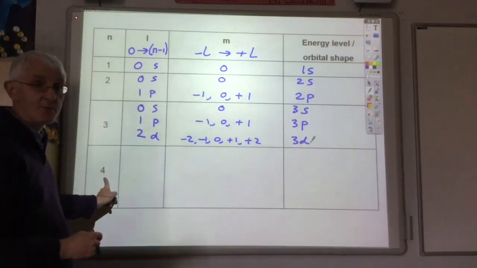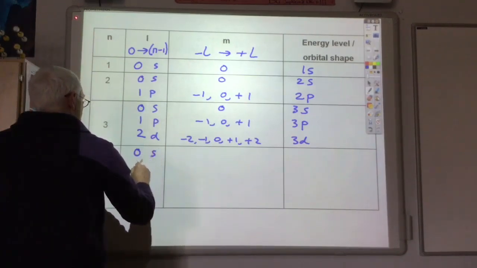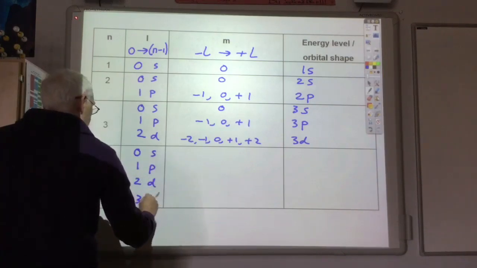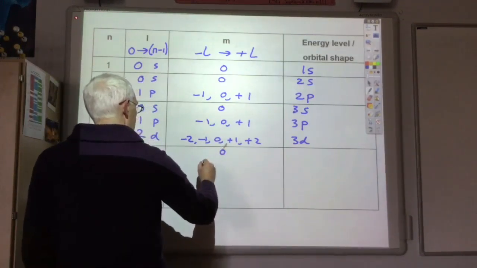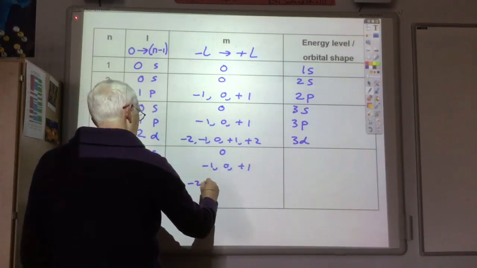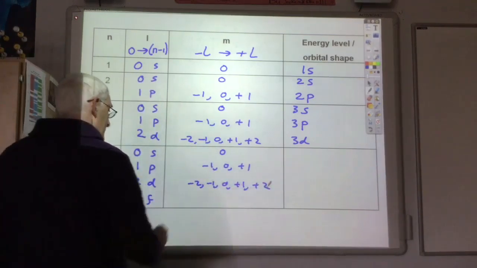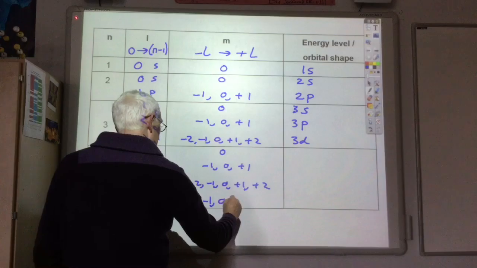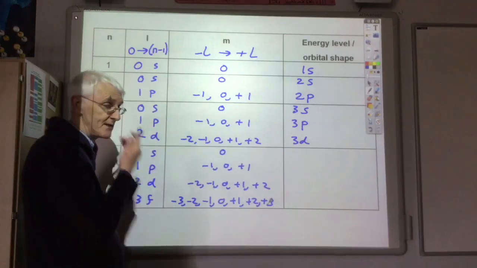And finally, the principal quantum number is 4, so if we're in the 4th energy level, we could either be in an s orbital, a p orbital, a d orbital or an f orbital. So the values of m can be 0, minus 1, 0, plus 1, minus 2, minus 1, 0, plus 1, plus 2, and for the f orbital, minus 3, minus 2, minus 1, 0, plus 1, plus 2, plus 3, 7 different options.